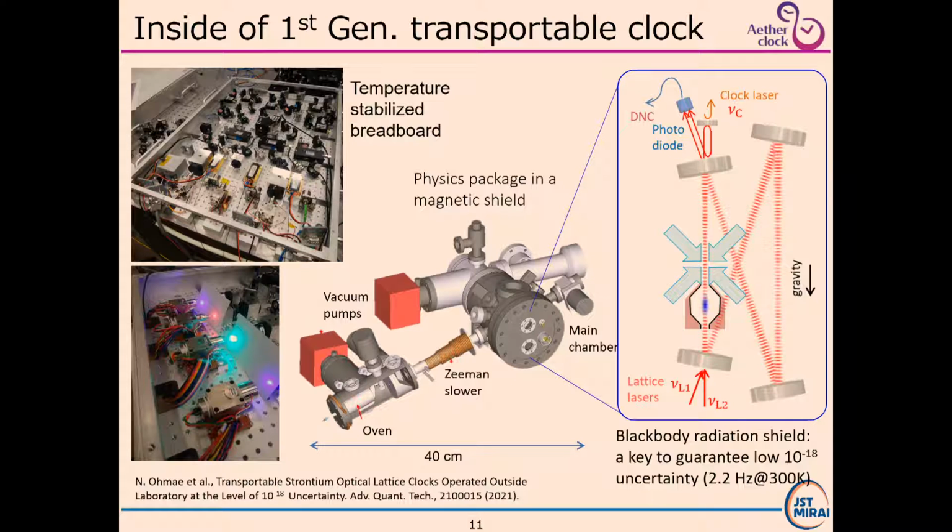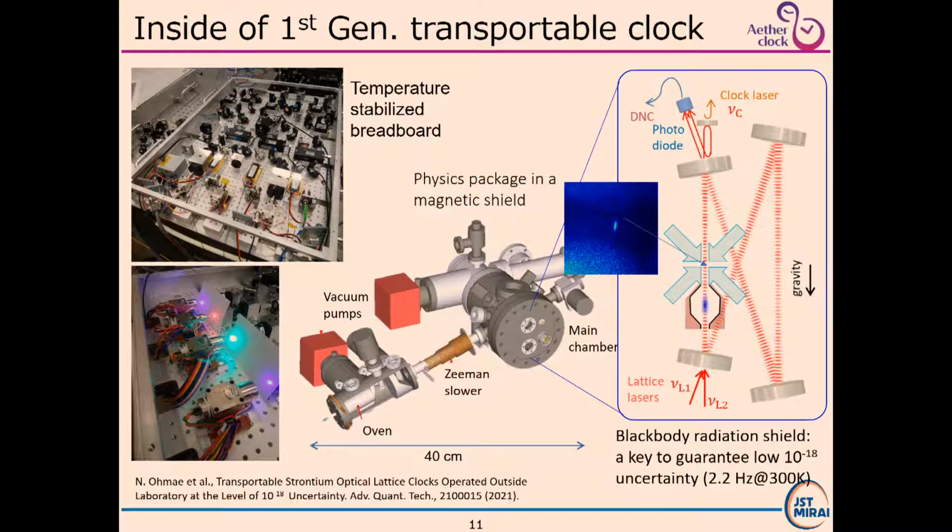And this is our physics package, oven and Zeeman slower, and this is inside the main chamber. We have a bow tie cavity. And we load the atoms here and transfer the atoms into a blackbody radiation shield, to protect the atoms from the blackbody environment.